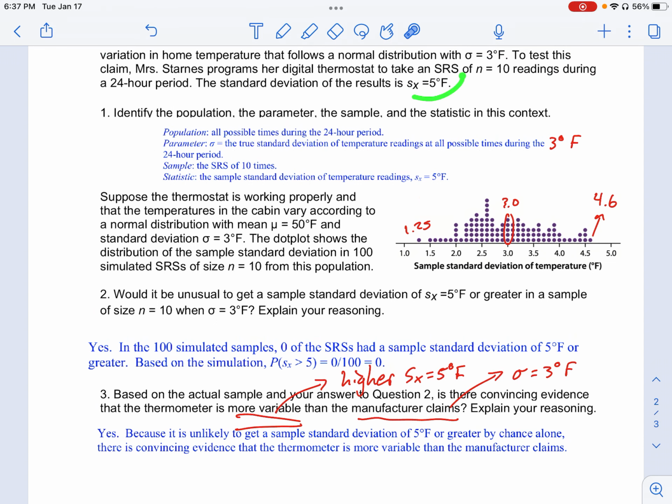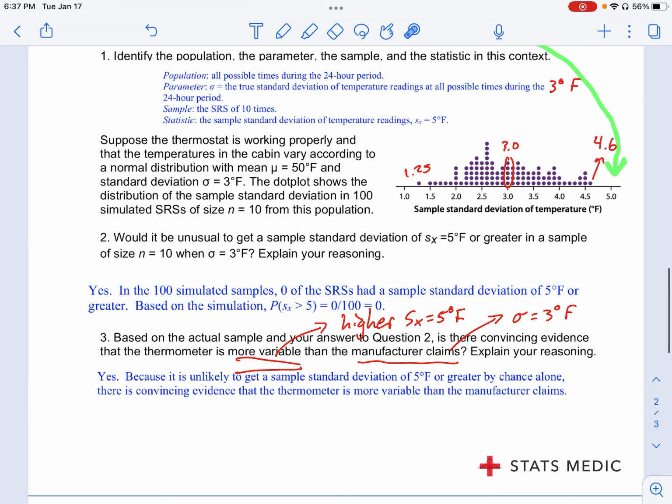They got a 5. And look down here. That never, ever, ever happens, okay? So I would say yes. Is there convincing evidence the thermometer is more variable? Yep, because it's not likely to get a sample standard deviation of 5 degrees or greater by chance alone.